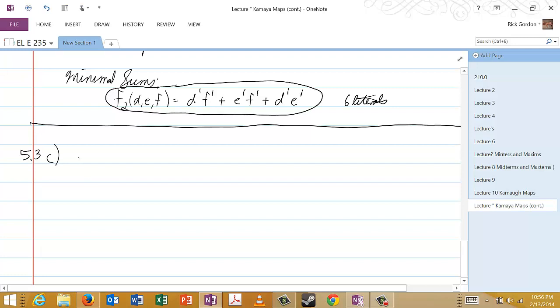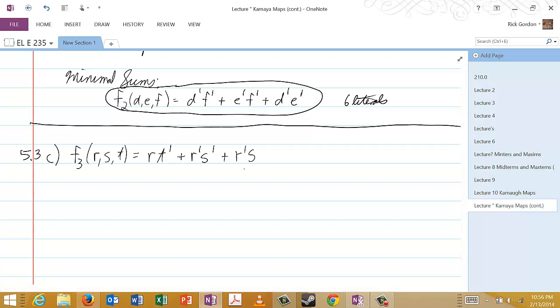So in this function, in this case, we have F3 of R, S, T is equal to R T prime, or R prime S prime, or R prime S. And we notice that that has 6 literals.